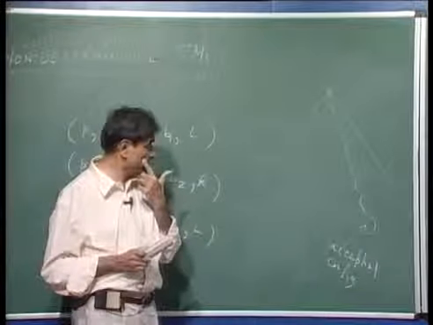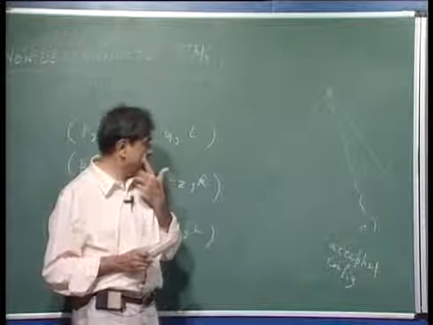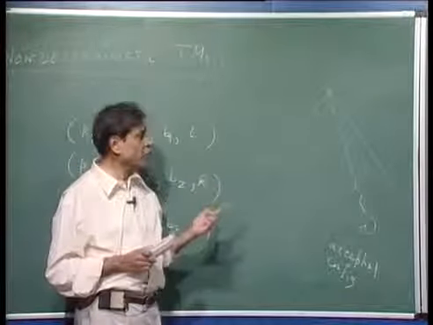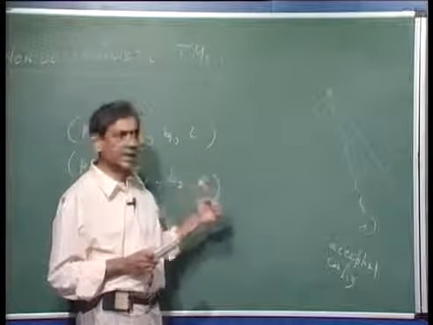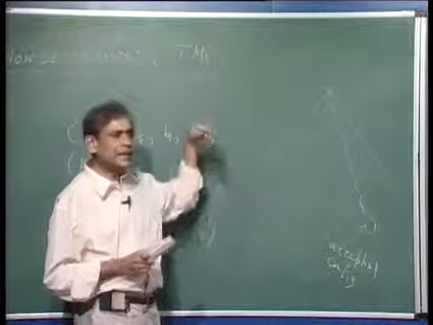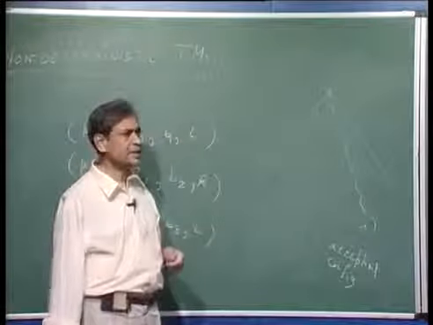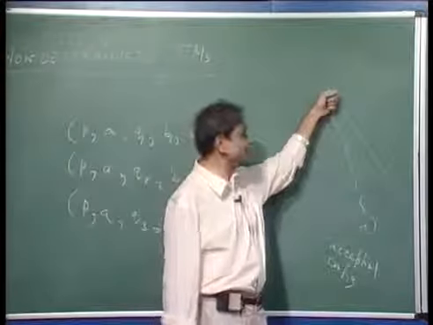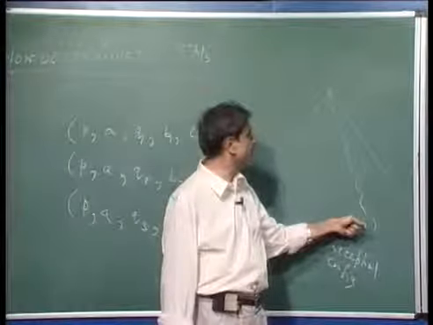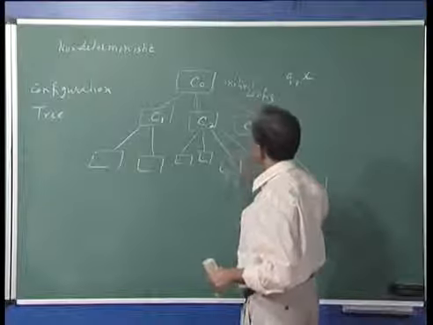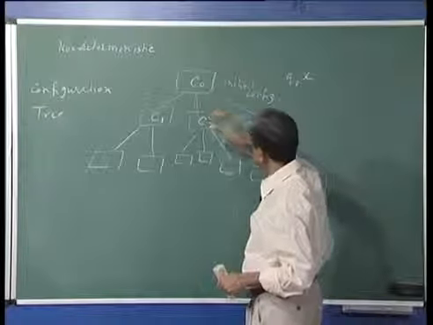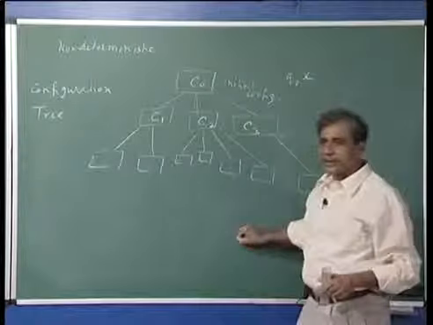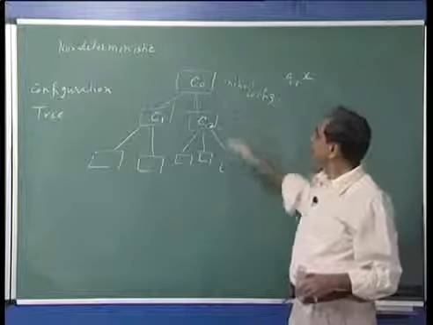So, you remember that for a non-deterministic machine, we say that the input is accepted if there is a sequence of non-deterministic choices which can lead the machine from the initial configuration to an accepting configuration, right. So, basically a path in such a tree means that the machine is exercising certain choices in moving down the tree.